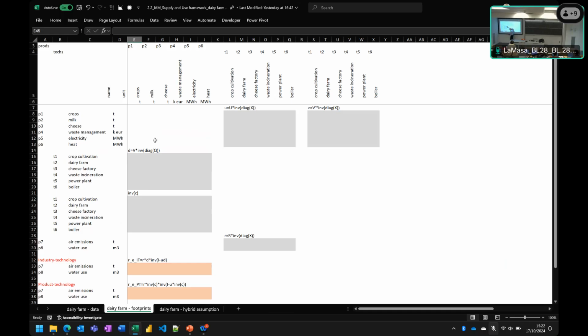Then we calculate the market share matrix, the D, and then the product mix matrix, the C. Then, to make the subsequent calculation easier, you can even think of calculating directly also the inverse of C. Notice that while D has the shape of technology by products, and C is product by technology, the inverse of C has the same dimension as D, that is technology by product.